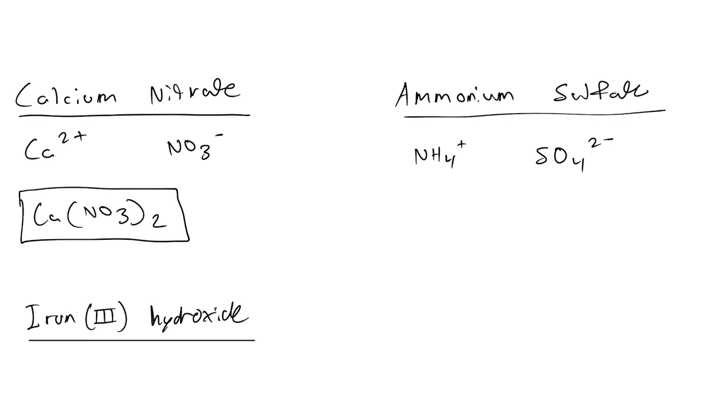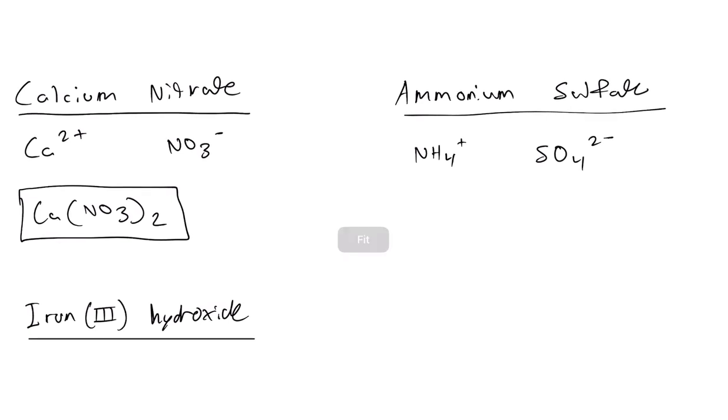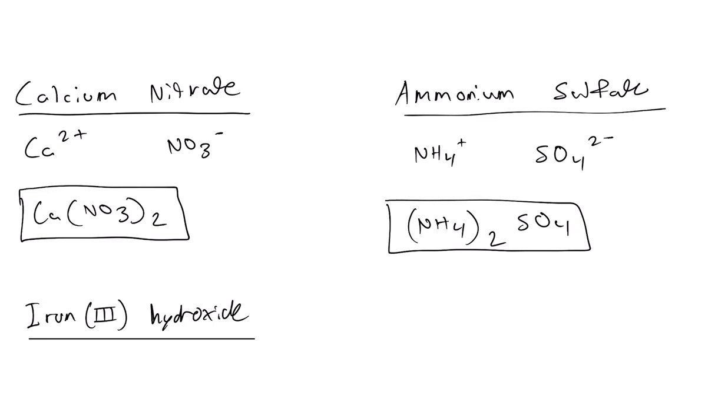So our final chemical formula is going to be NH4 in brackets, because we need multiple, and then SO4. You can write the SO4 in brackets, you don't have to, but the proper way is to not write it in brackets. And so ammonium sulfate is (NH4)2SO4.